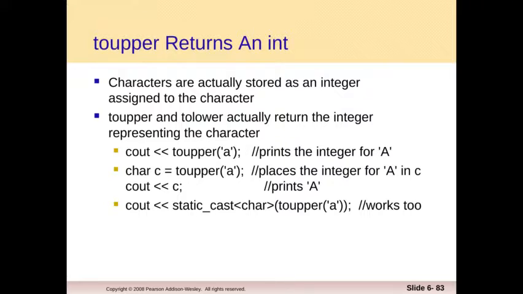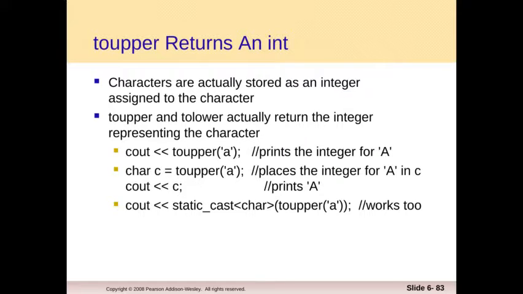So there's a little quirk to know about, and that is, unfortunately, the data type for ToUpper and ToLower is integer. The return type. You remember the possibility of converting an integer to a character and vice versa?